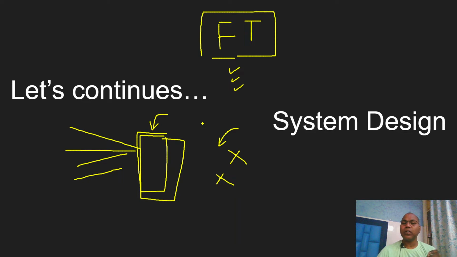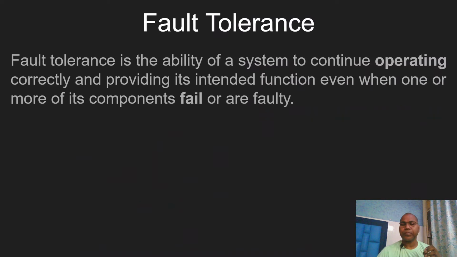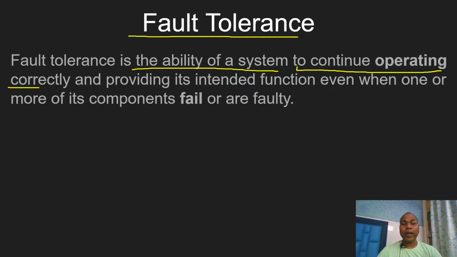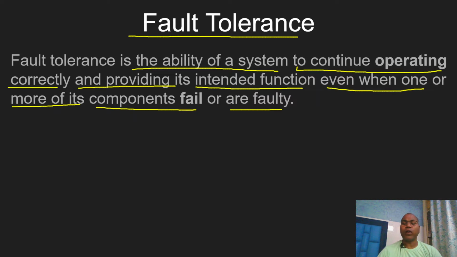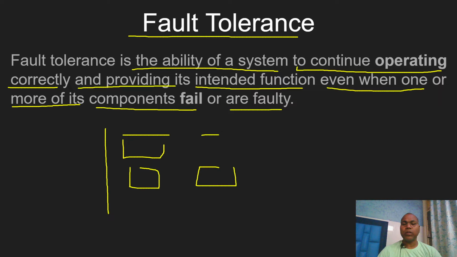So let's talk about fault tolerance. Fault tolerance is the ability of a system to continue operating correctly and providing its intended function even when one or more of its components fail or become faulty. Generally, when you design a system, multiple components work together to serve the request.